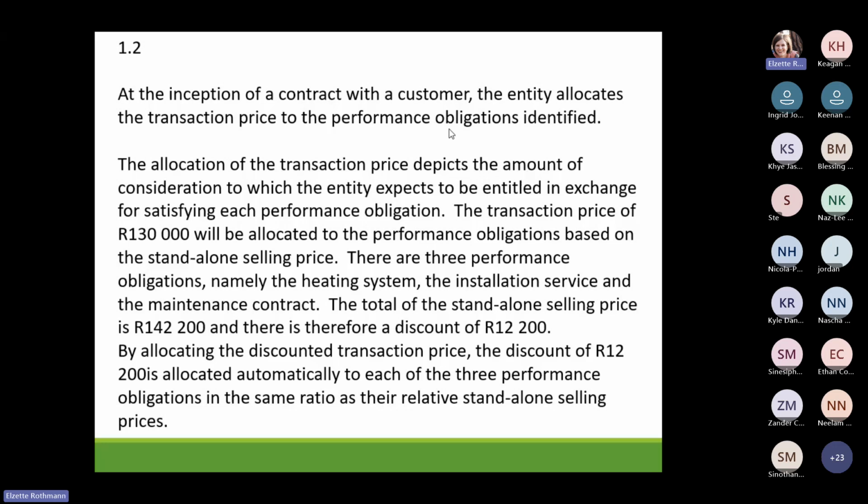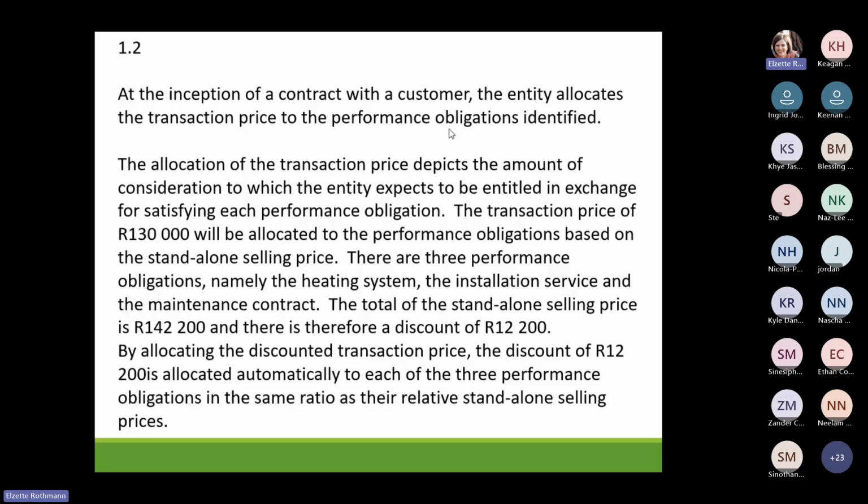Then we had a total of 142,200. That's the standalone selling price. But then we allocated the 130,000 to each performance obligation. There are three performance obligations: the heating system, the installation service, and the maintenance contract. The total of the standalone selling price is 142,200.